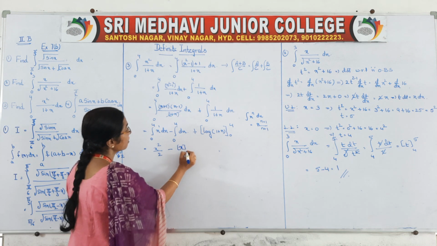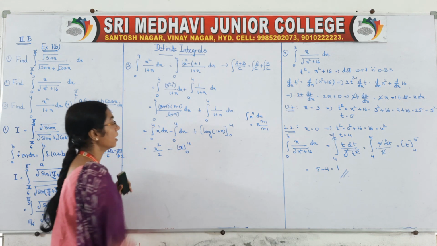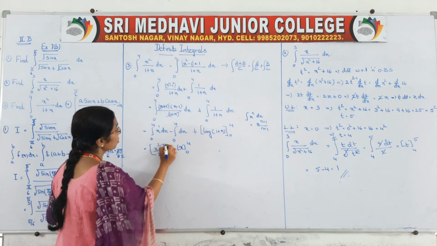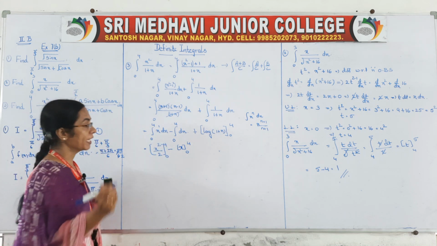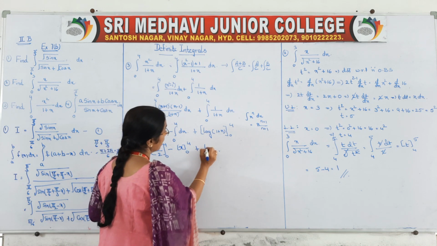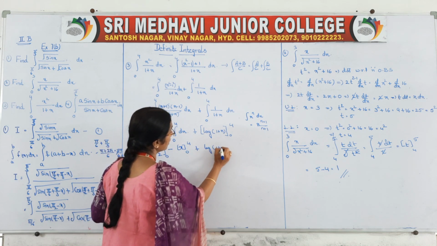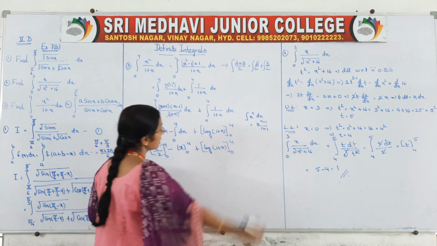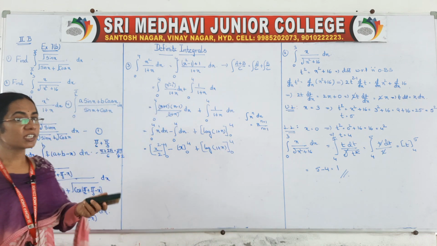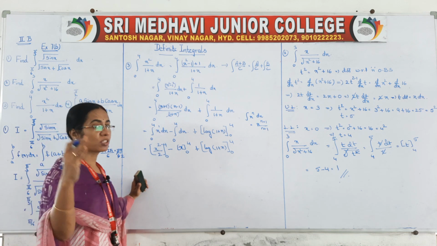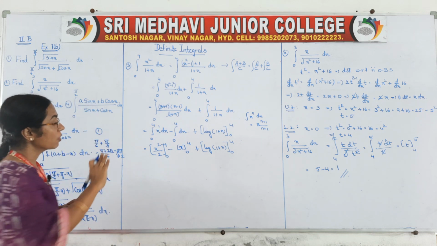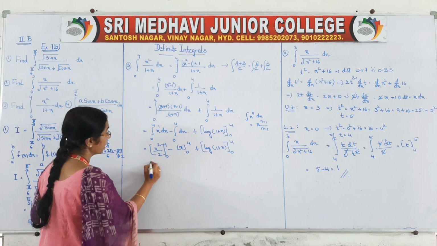Once we apply the formula, we have to take the limits on the right side, isn't it? 0 to 4 limits should be taken on the right side. I think you are perfect with all these things. After that, in the function, in place of x, we have to substitute the upper limit, minus in the function, in place of x, we have to substitute the lower limit.